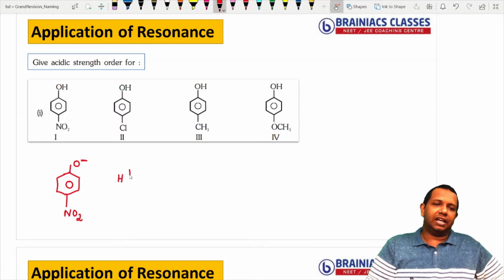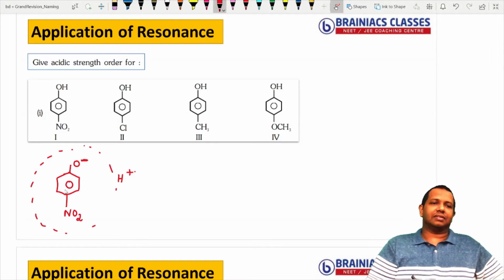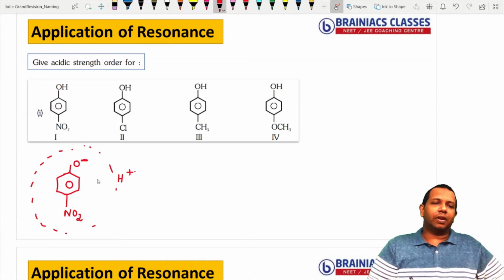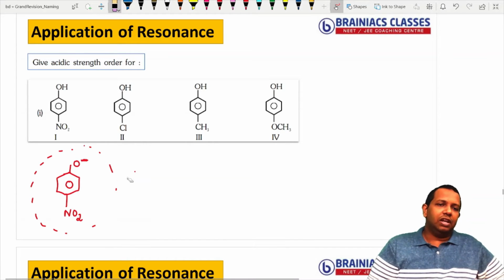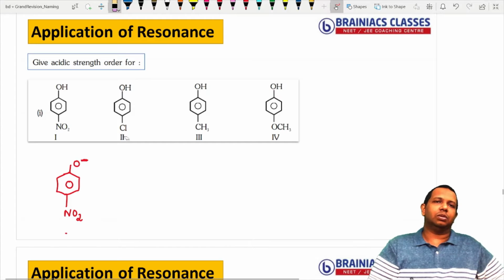After giving the H plus, if this compound is stable, it means it is not attracting the H plus back. If the negative charge density over here decreases, then it becomes stable, correct? Decreases means it will not attract the H plus, so it is capable of donating the H plus, then it is a good acid. This is the concept. Now we need to remove the H plus and check whether the remaining species is decreasing the negative charge, or is stable or not. That is what we need to check.